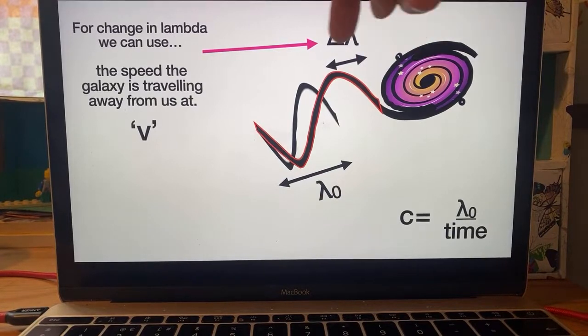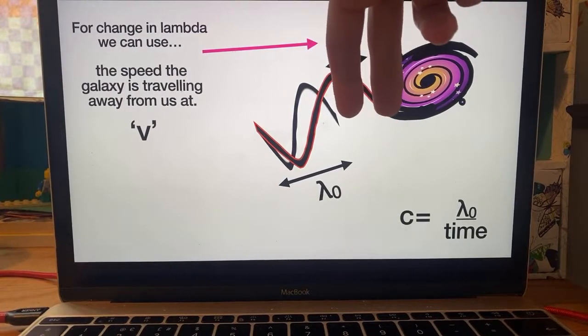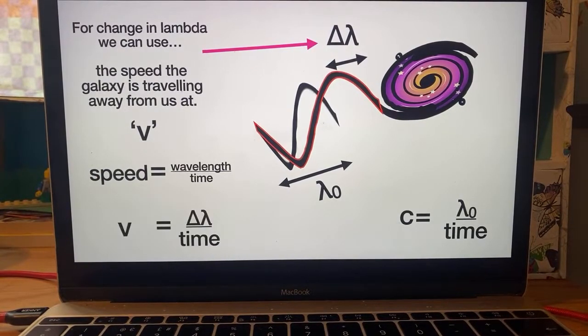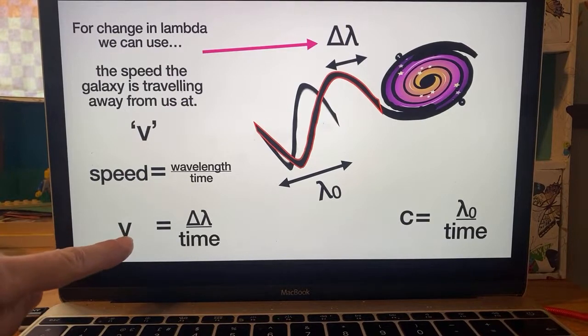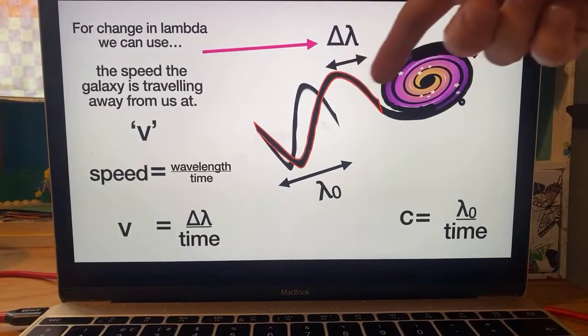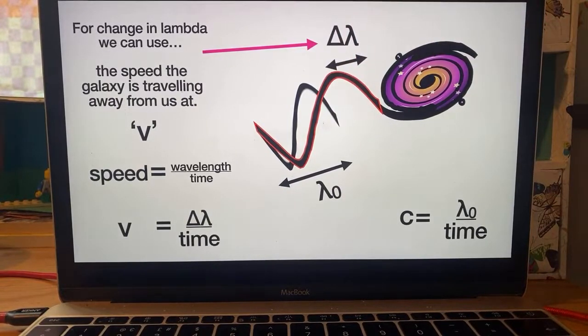So we're looking for an equation that uses this change in wavelength and the speed of the galaxy moving away from us, and we'll put that into the speed equals distance divided by time equation. So we've got v, the speed that the galaxy is moving away, equals the change in wavelength, the extra bit of wavelength, divided by time.